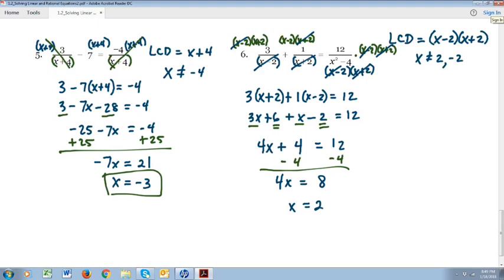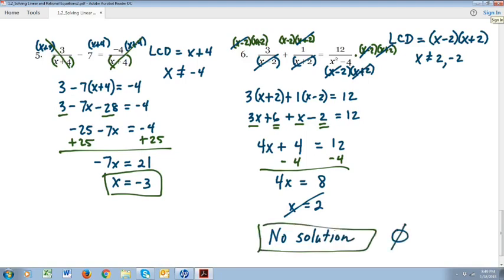But again, just like with number 5, we want to make sure that we check to see that we didn't get a restricted value, and here we did. So we got x equals 2, but we know if we plug it in, it makes us undefined, and so we have to throw that solution out. There are no other solutions, and so our answer is no solution. Again, there's two ways to write that, and that's the end of this lesson.